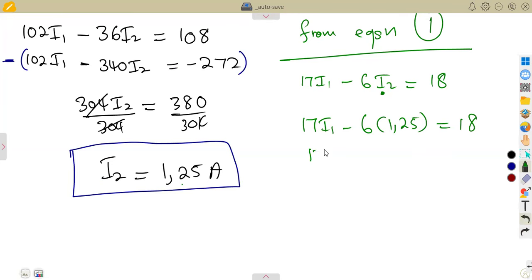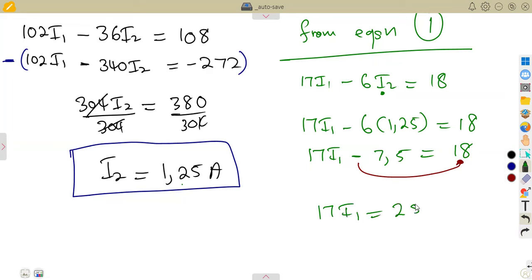You can multiply, or if you want, you can transpose to the other side. If you multiply, this will be minus 7,5 is equal to 18. Then transpose the minus 7,5, so it will be a positive. 17 I1 is equal to the sum, that is 25,5. Let's divide by 17 on both sides to determine I1, and that will be 1,5.